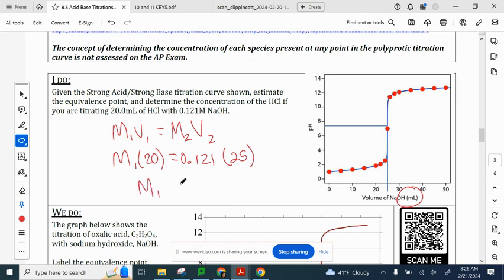So solving for M1 equals, my handy dandy calculator, 0.121 times 25 divided by 20, and I end up with 0.151 molar HCl.